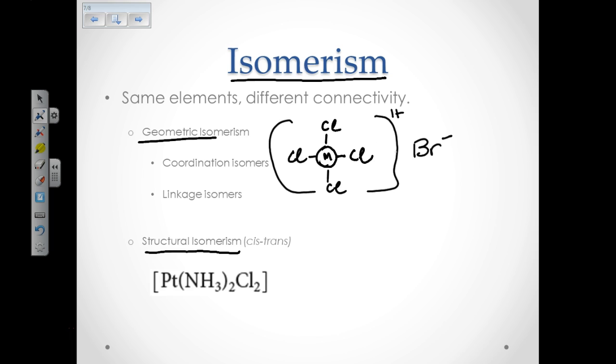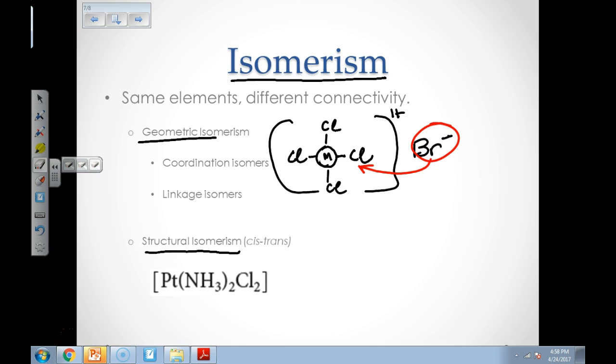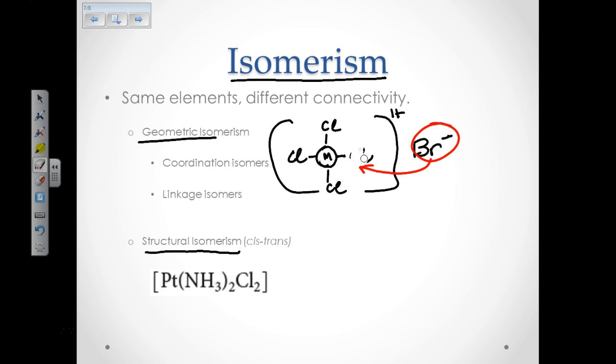And so a coordination isomer is when this guy switches spots with this guy, and this then becomes, well, let me erase it and show you here. Okay. So now this is a Br here, and this is a Cl.